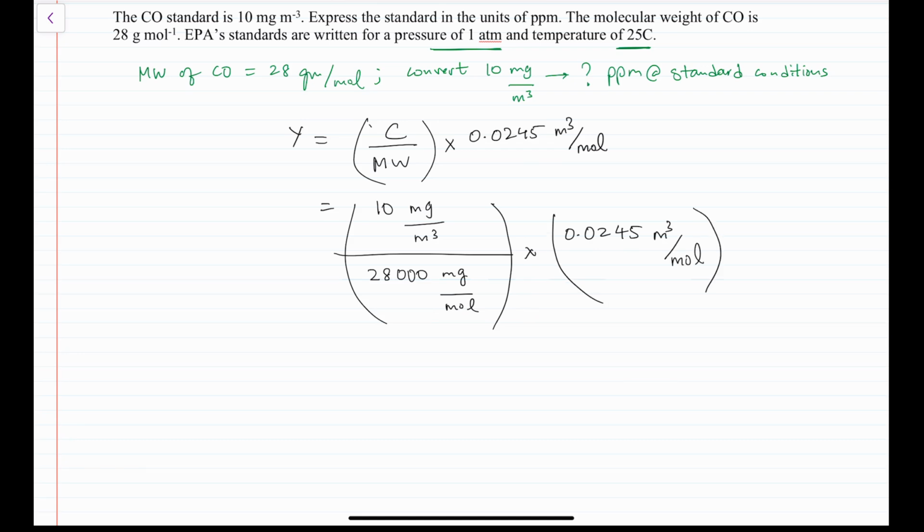And if you're wondering how I got these, I can do that on the side here a little bit. The molecular weight of CO is 28 gram per mole, and we know a gram has 1000 milligrams. So this cancels, and this gives me 28,000 milligrams per mole.